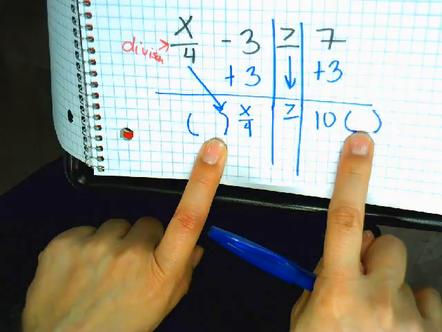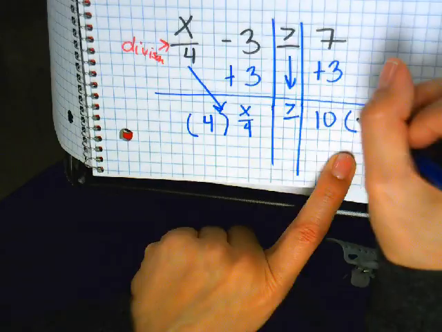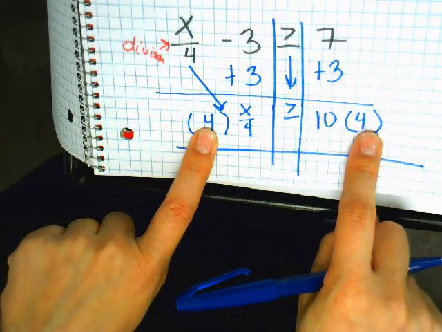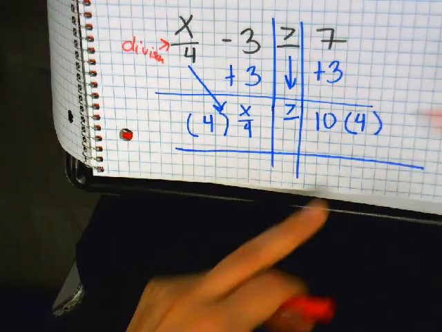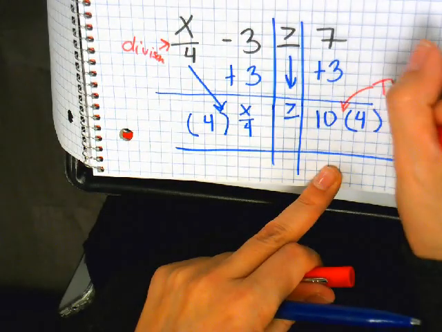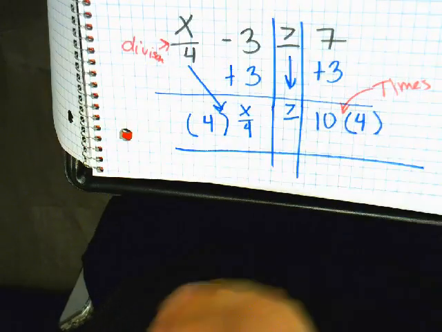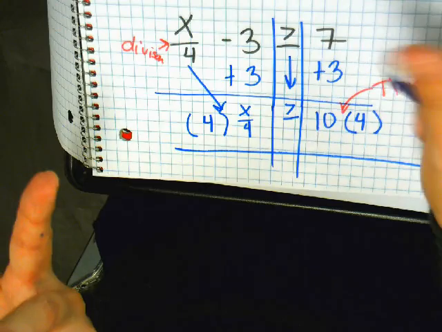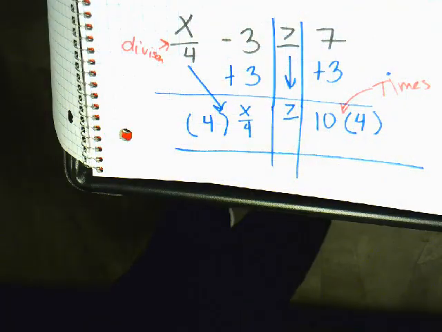Parentheses, parentheses. What does a parentheses mean? Multiply. Those parentheses, kind of like the dot, means times.